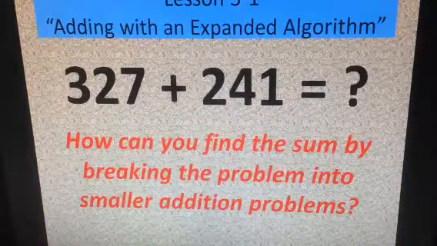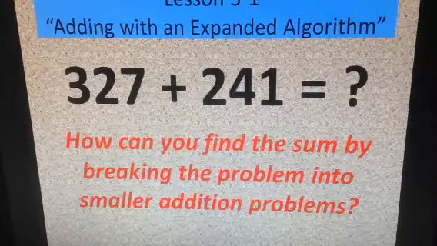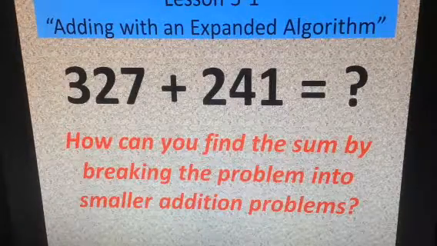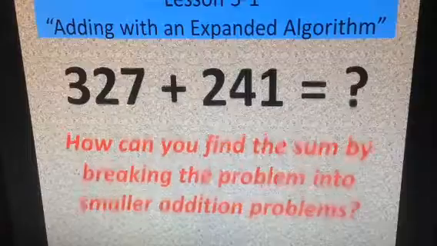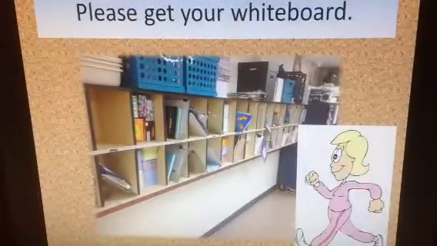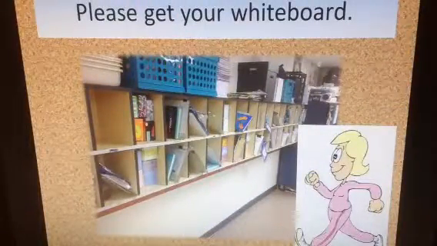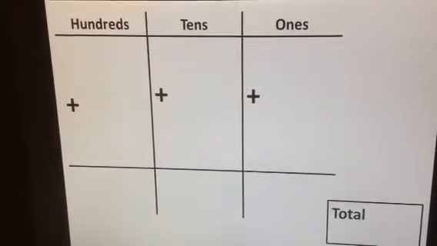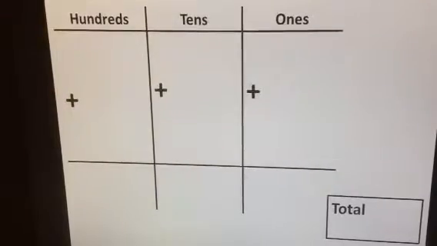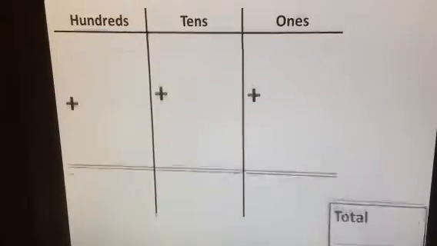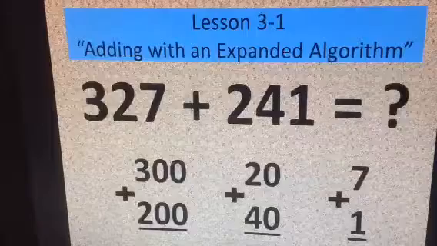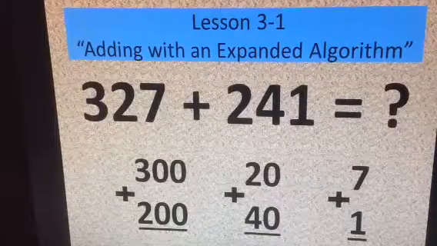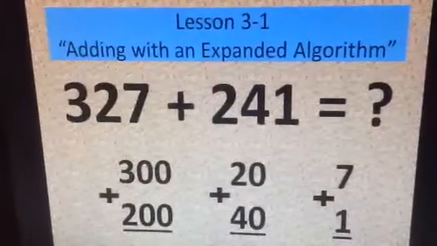So here's the slide again. How can you find the sum by breaking the problem into smaller addition problems? We got our whiteboards today so we could practice this. This is how we made our whiteboards look. So we wrote that on our whiteboards, and then we broke the problem into smaller addition problems in order to solve it.